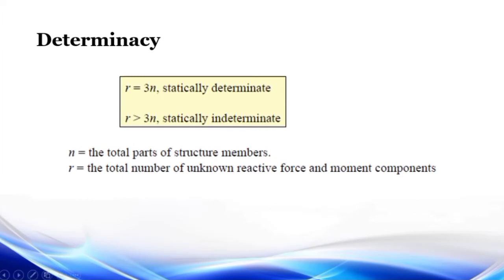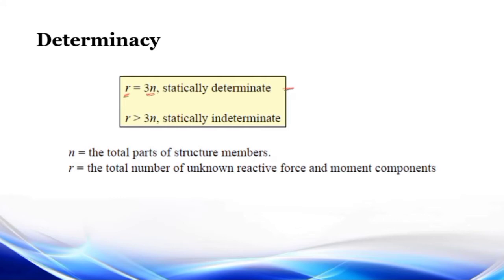For the determinacy, when all the forces in a structure can be determined from equations of equilibrium, the structure is referred to as statically determinate. So, meaning, if the number of reactions r is just equal to 3n, that is statically determinate.